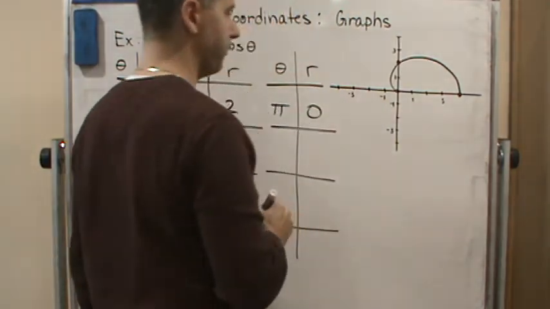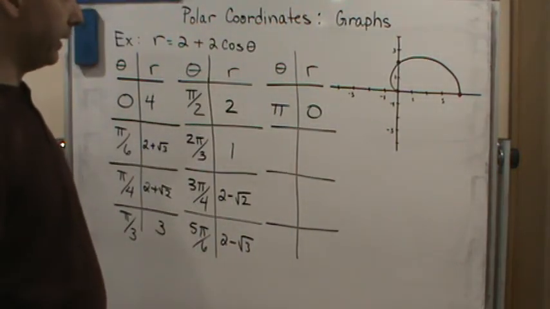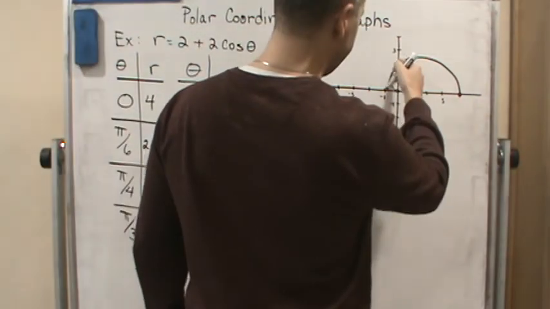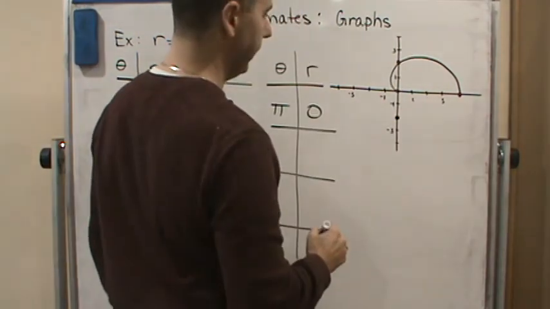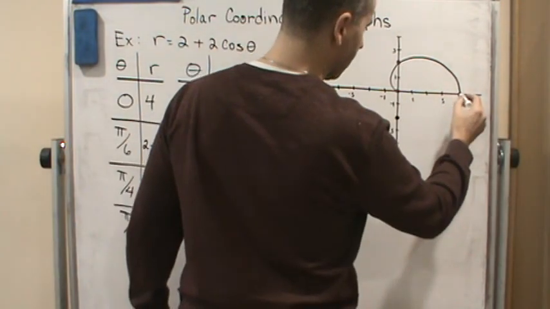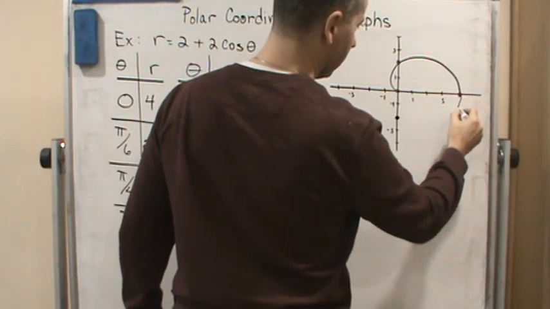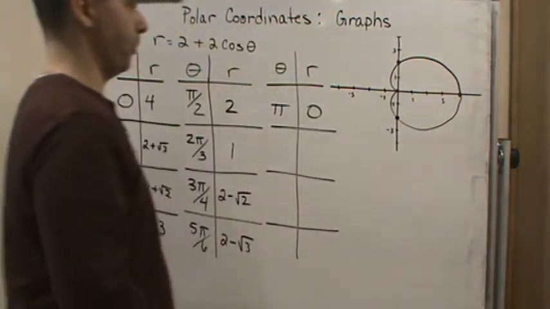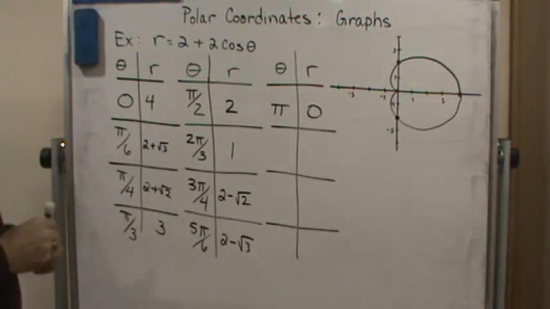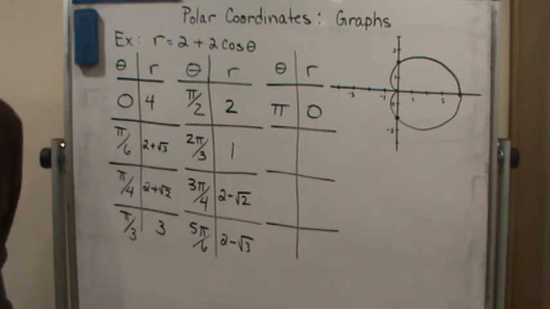Right? That's the first half. Now we can use symmetry that says, hey, then this is going to be down here at negative 2, right? And so it's going to do something like that. And we're done. And there is our cardioid.